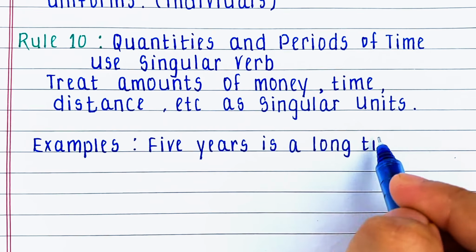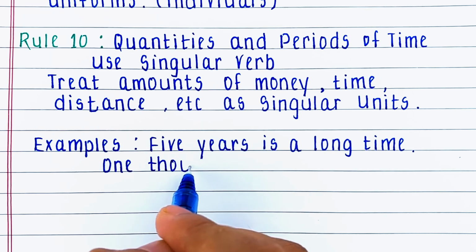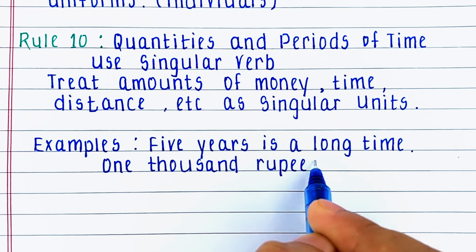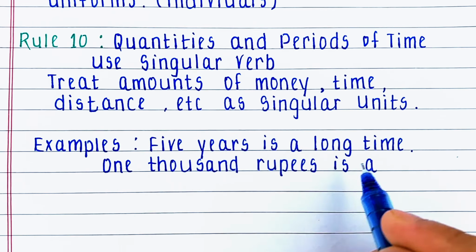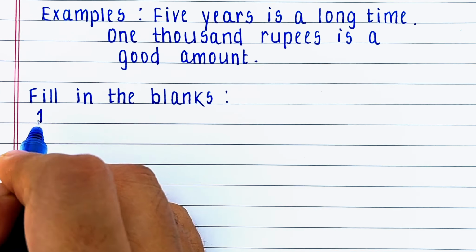For example, 5 years is a long time. Here, 5 years is treated as a single unit. Next example, 1000 rupees is a good amount.